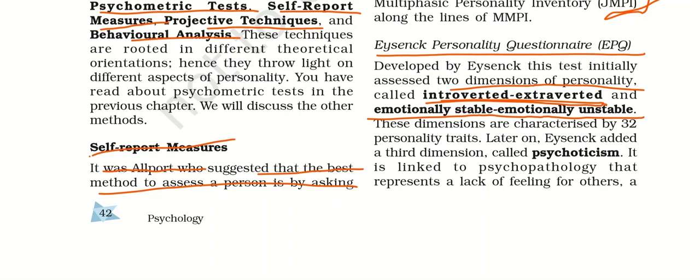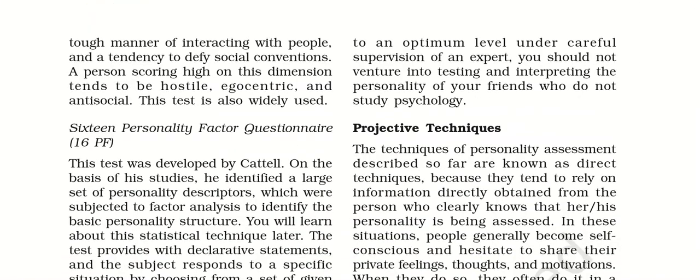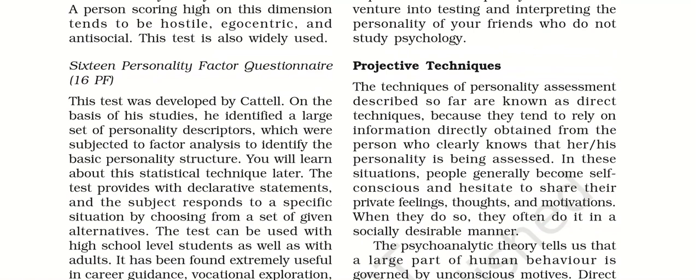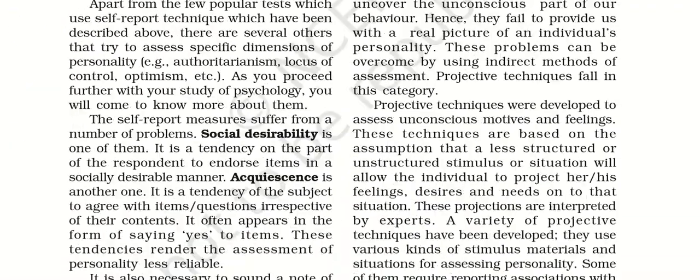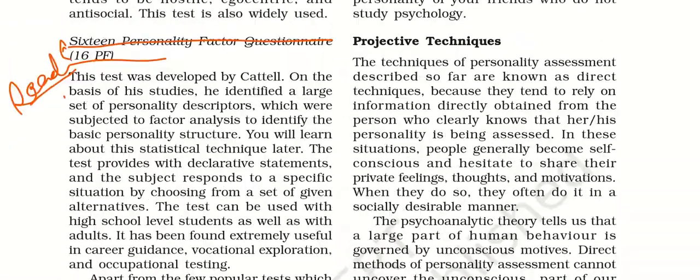Later, Eysenck added a third dimension called psychoticism, as we have read in the theory of personality also. Then we have the 16 PF. Read about it. We have discussed it earlier also, about what the test says.